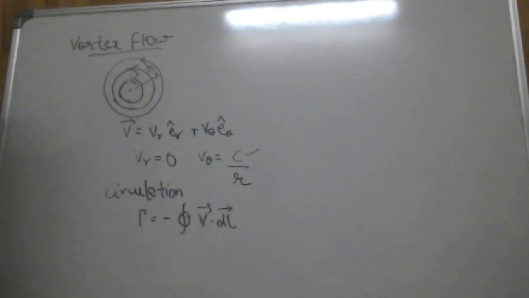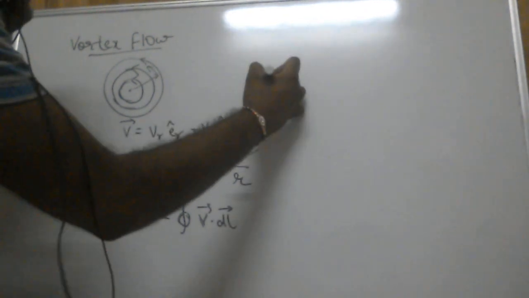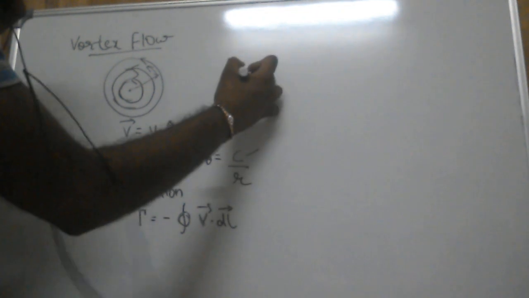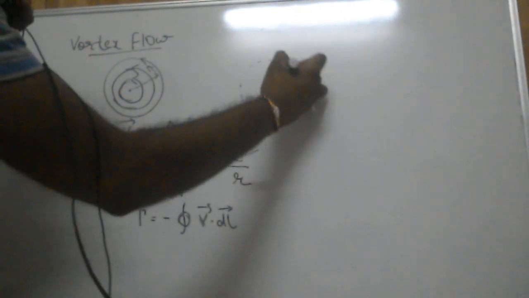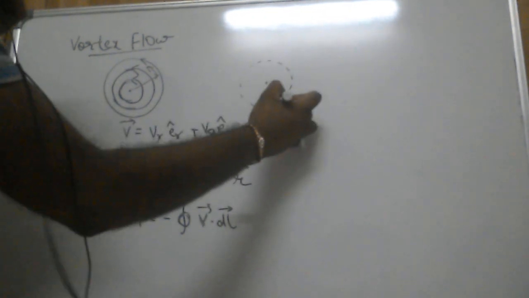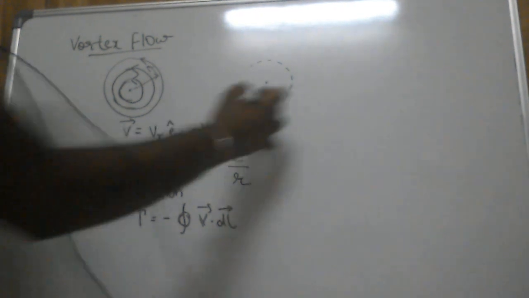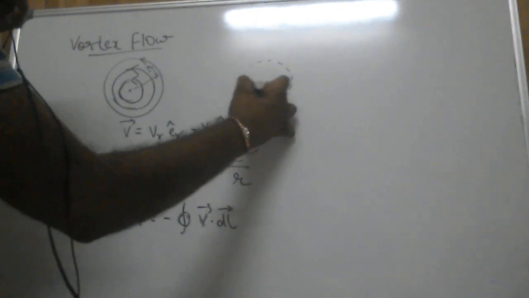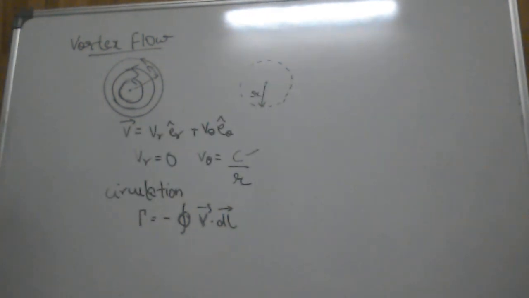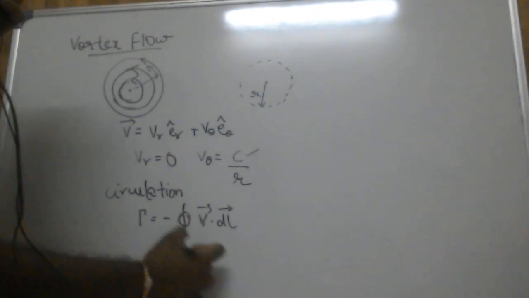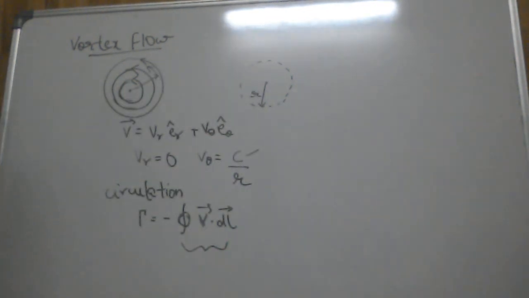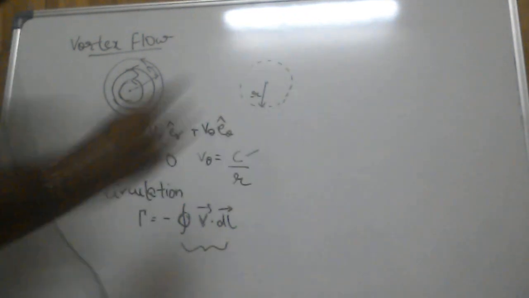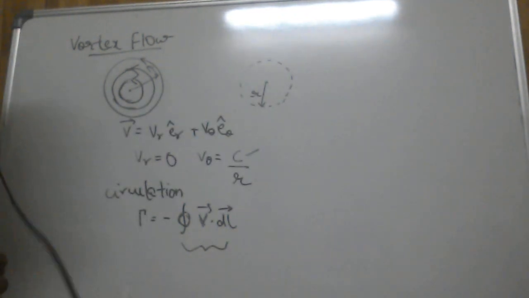So let's take that to be the origin, and let me take a closed curve which is a circle of radius r centered at the origin. Now if I perform this operation along this loop, what would I get? First of all, along this curve, V theta we know is C by r.